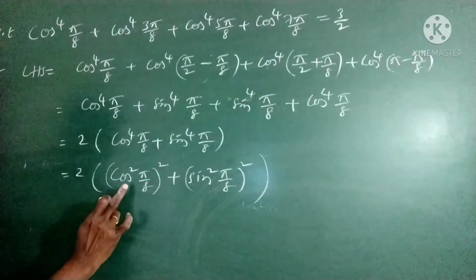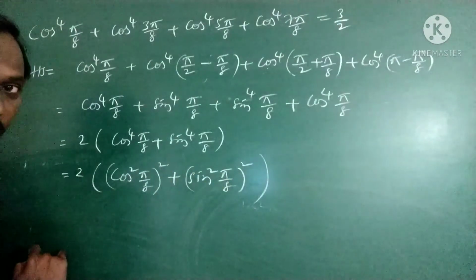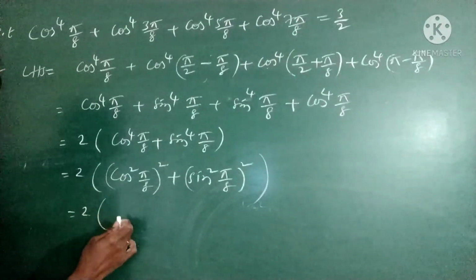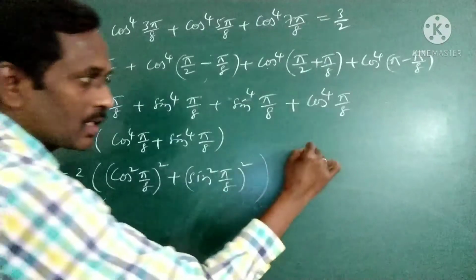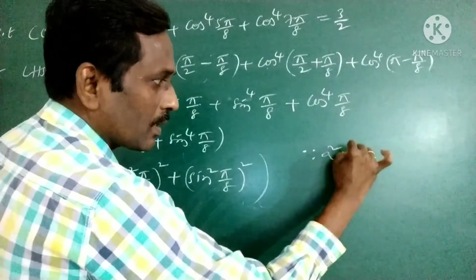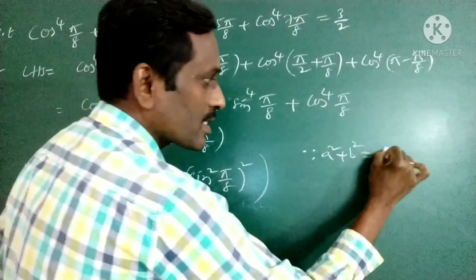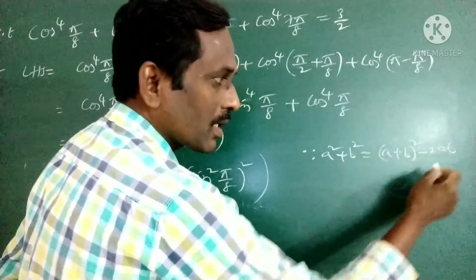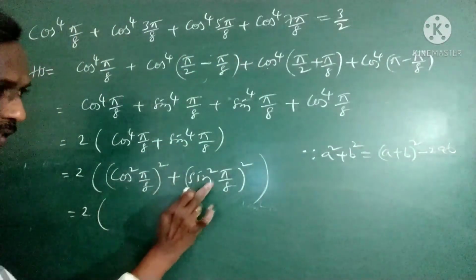Then assume this as a and this as b, a square plus b square form we got. So what can we write? a square plus b square is a plus b whole square minus 2ab. Apply the concept, it is the a value, it is the b value.